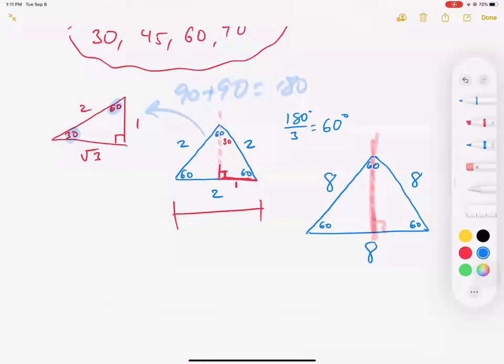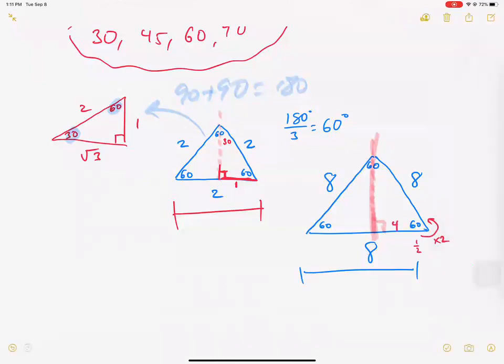So let's look at this triangle now. This used to be 8, and now this is 4, which is always half or double, depending which way you're going, of my hypotenuse. And the third side will always involve the square root of 3.